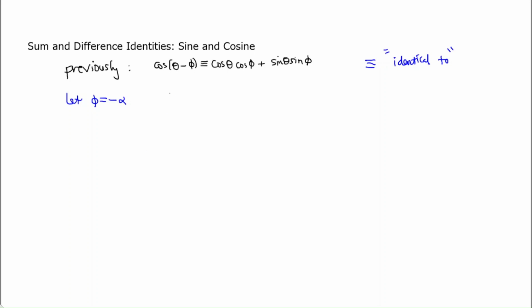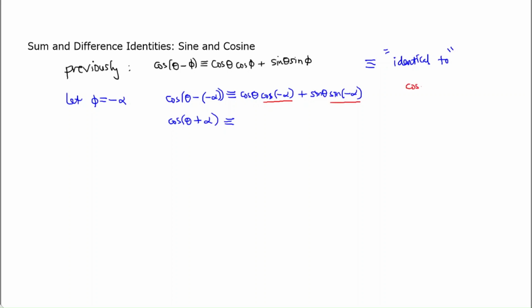So what we get here is cosine of theta minus negative alpha should be identical to cosine theta, cosine of negative alpha, plus sine theta, sine of negative alpha. Now on the left side we get a theta plus alpha inside the cosine. Then how do we resolve these negatives inside of these trig functions?